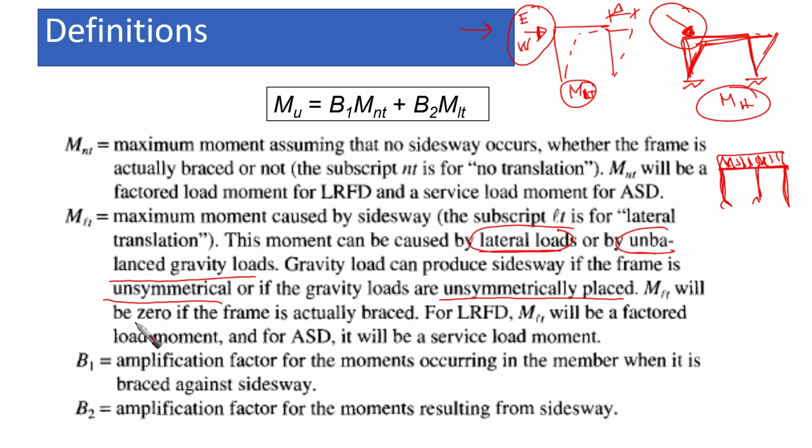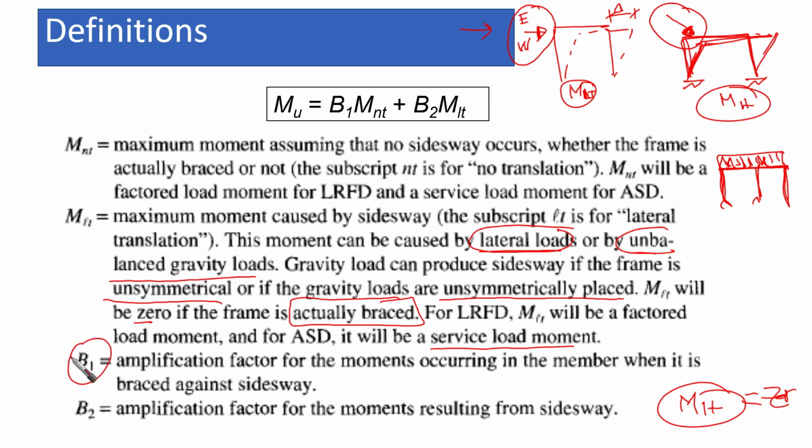MLT will be 0 if the frame is braced. That's right. We always expect MLT to equal 0 if the system or the frame is braced. For LRFD, MLT will be the factored load moment. For ASD, it will be the service load moment, as we know.